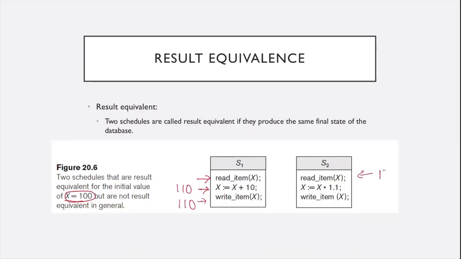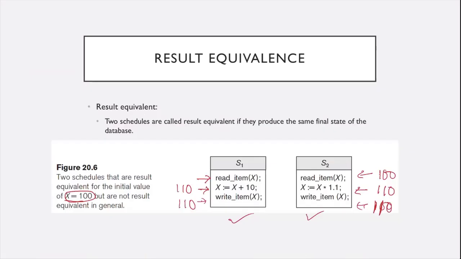Read x, so it reads the value of x as 100. It updates x equal to x into this, so x becomes 110, and then finally you write the value of x, 110. So these two schedules have the same result, and they are said to be result equivalent.